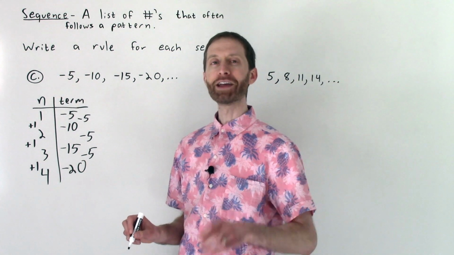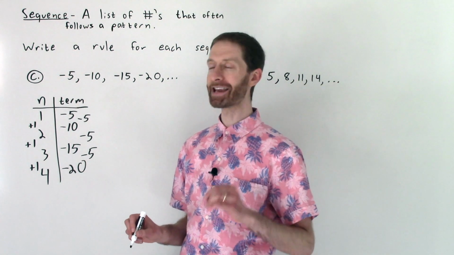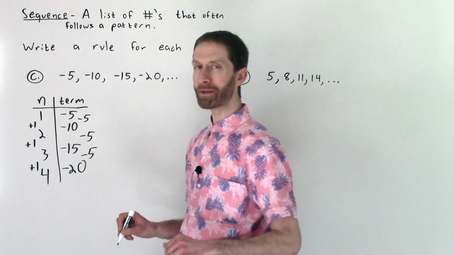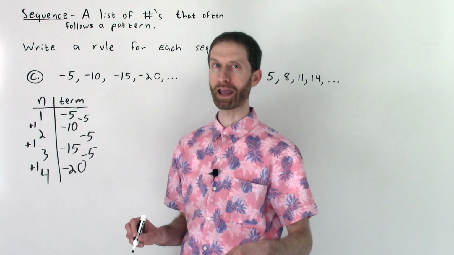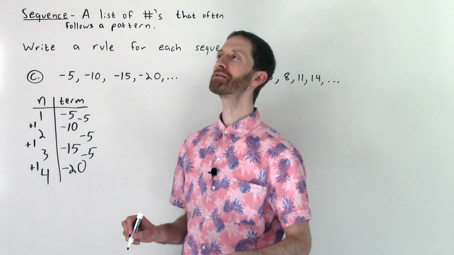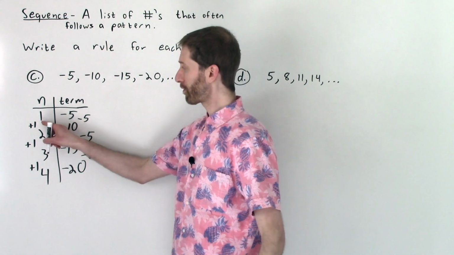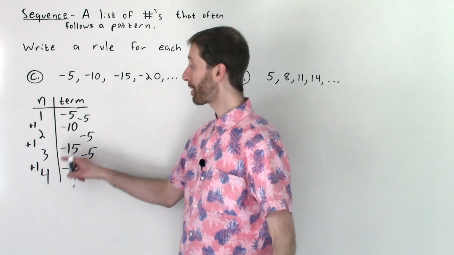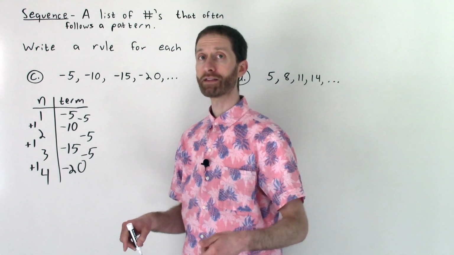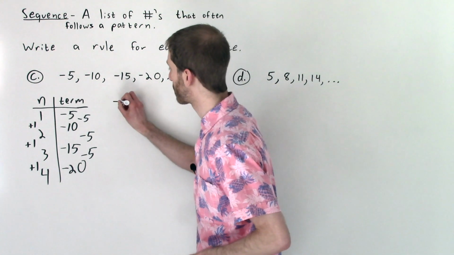Ooh, okay. If I'm repeatedly adding a negative 5, that means I'm repeatedly multiplying by a negative 5. So for every 1 additional n I go up, I'm adding another negative 5. That's multiplying n by negative 5.